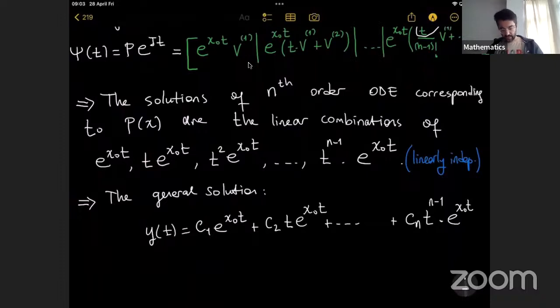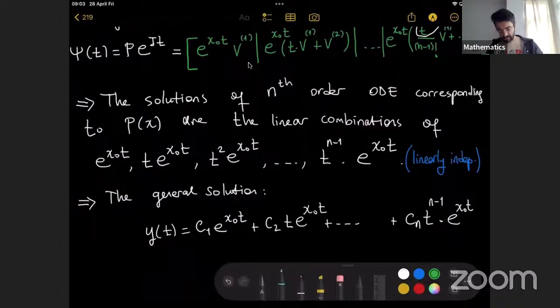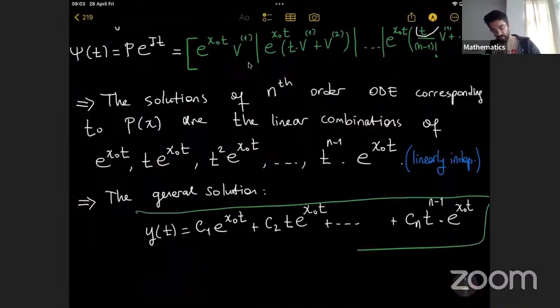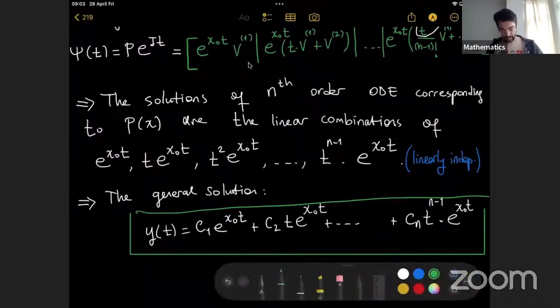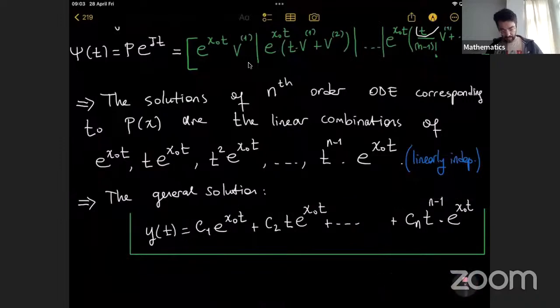Maybe let's remove these parentheses; we use them for derivative usually. So let's put this in a box because we now have a nice formula for the general solution when we have a repeated root.